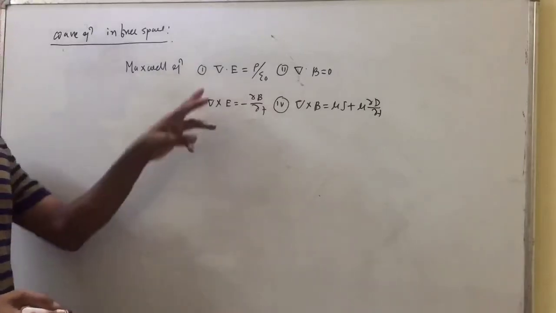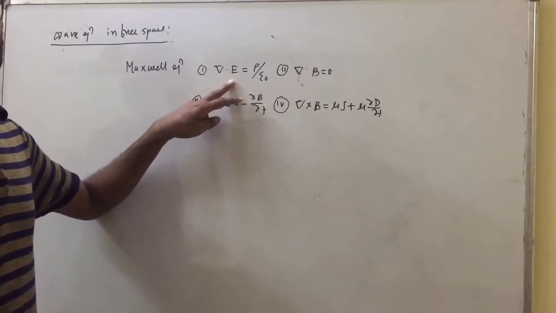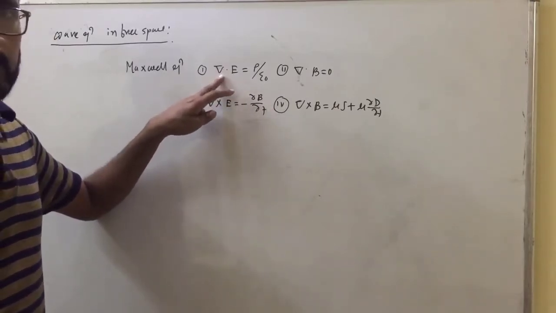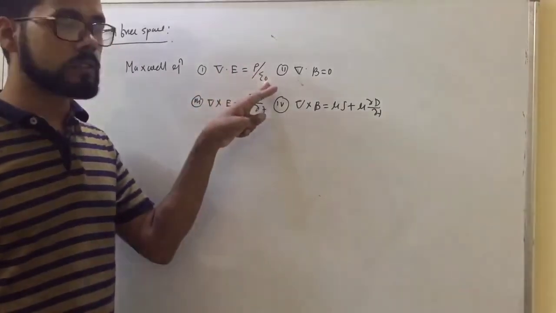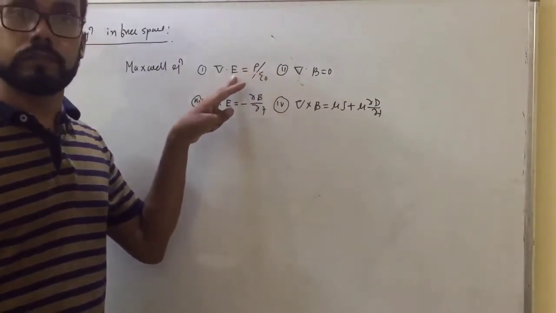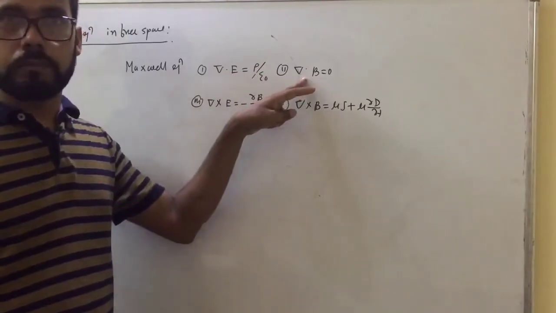So what are the Maxwell equations? The first equation is derived from Gauss's divergence law, electrostatics, and it is a first order differential equation with a source term: epsilon naught is a constant, rho is the source. So this is a first order inhomogeneous differential equation. The second is derived from magnetostatics.